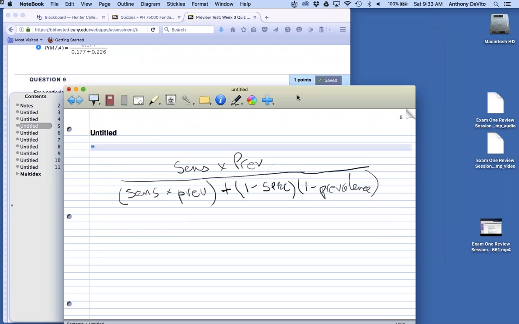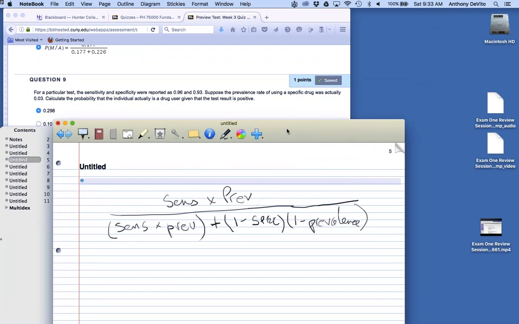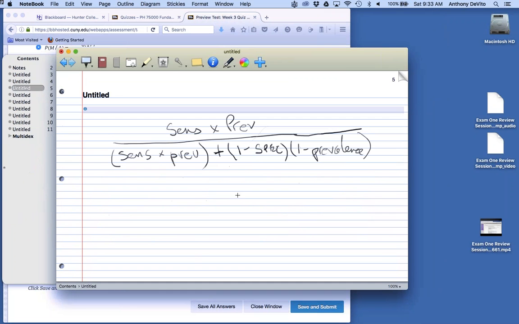So let's calculate that. Sensitivity times the prevalence. Sensitivity was 0.96 times 0.03, right? And on the bottom we have the same thing, 0.96 times 0.03, plus, and we do these in the correct order, 1 minus the specificity.